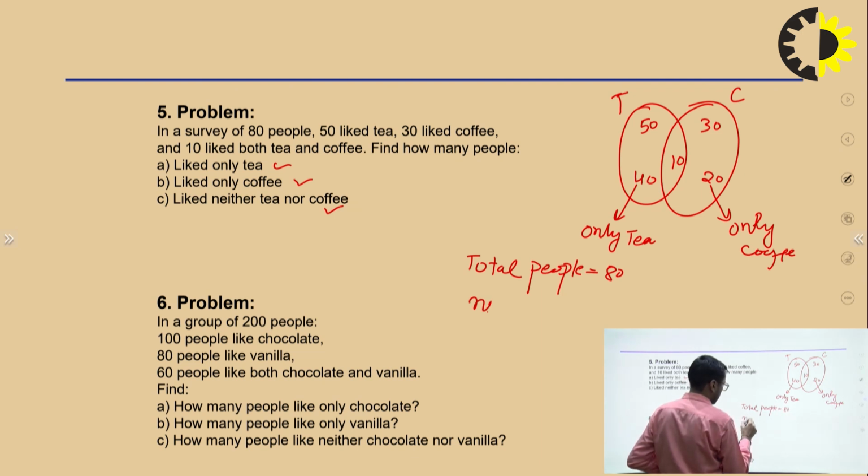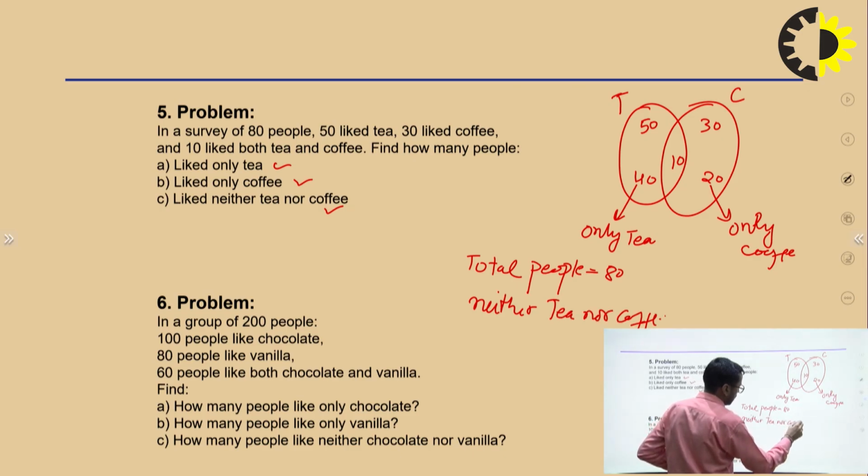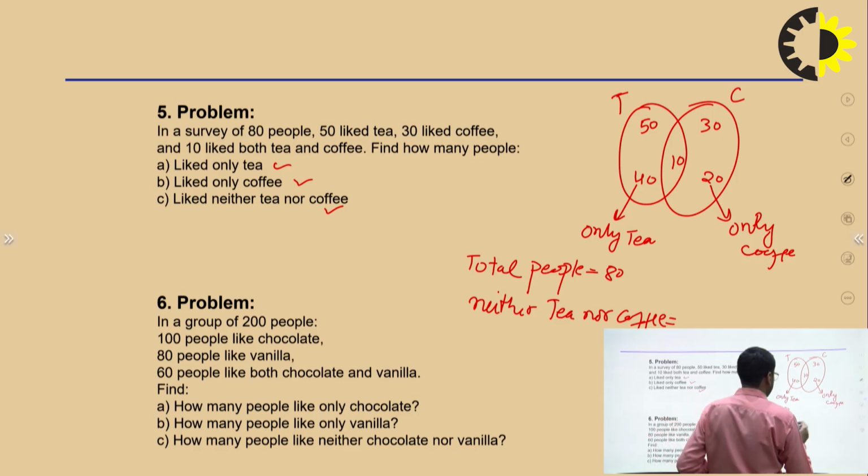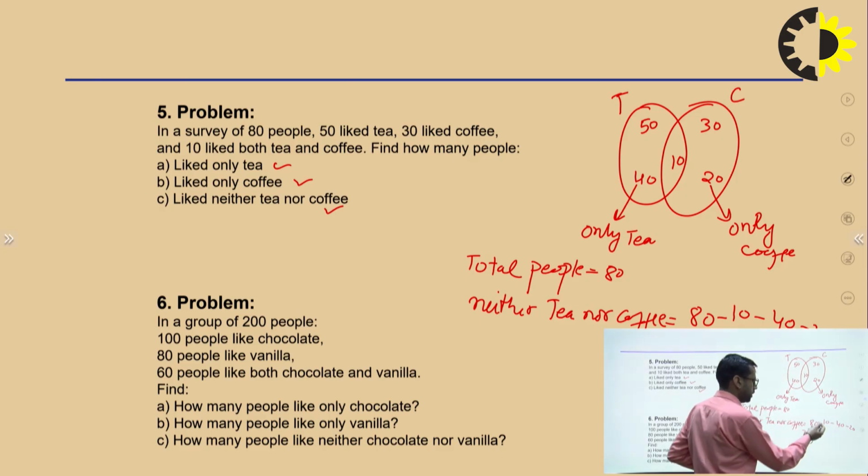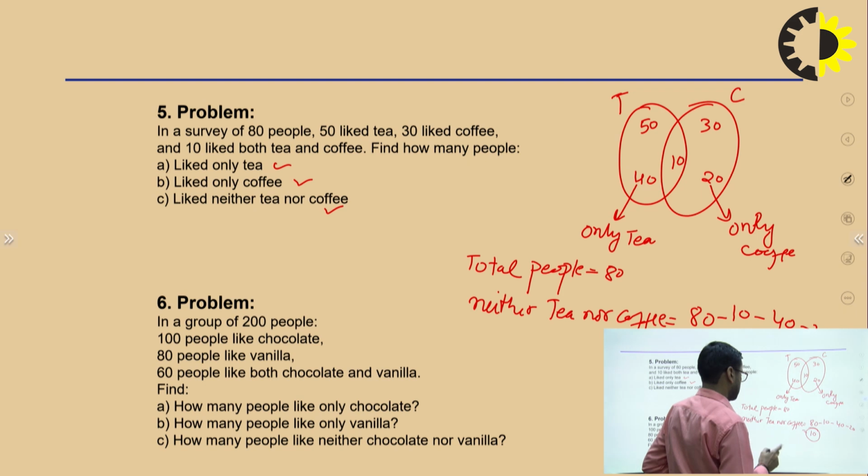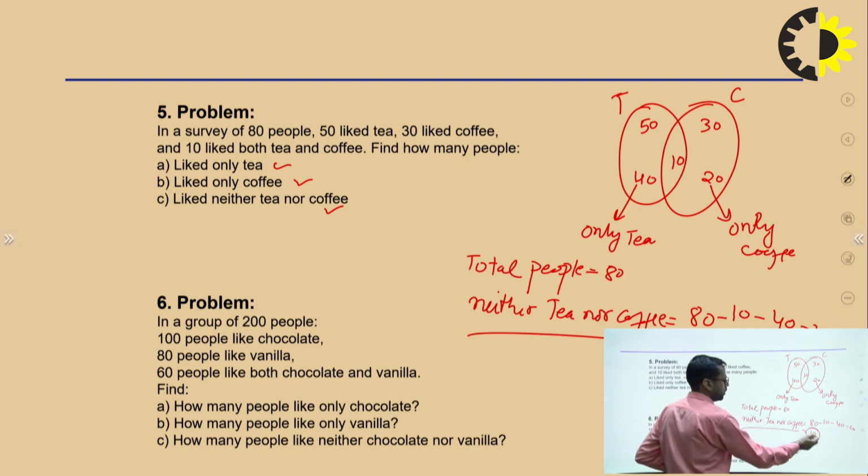Neither tea nor coffee means we will find 80 minus 10 minus 40 minus 20. 40, 20, 60, then 10, 70. That means the total number of persons that don't like tea or coffee is 10.